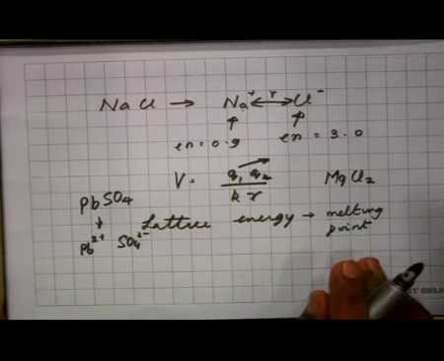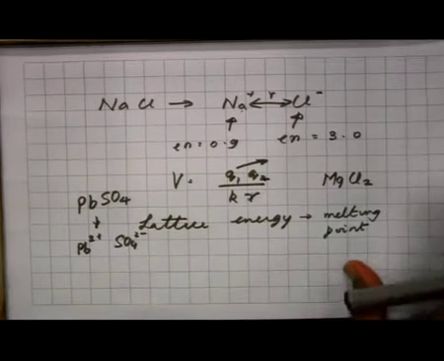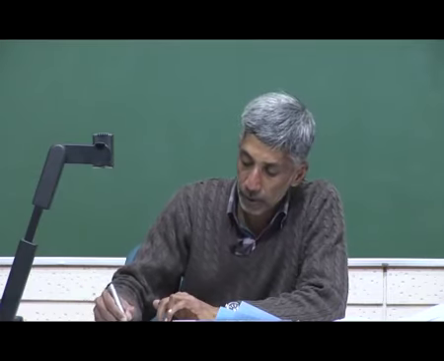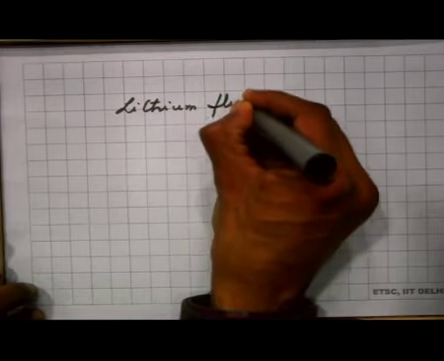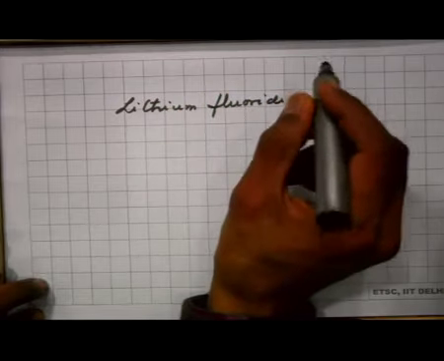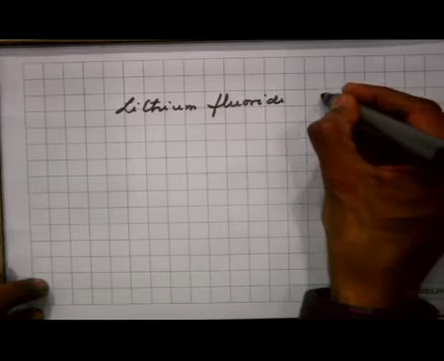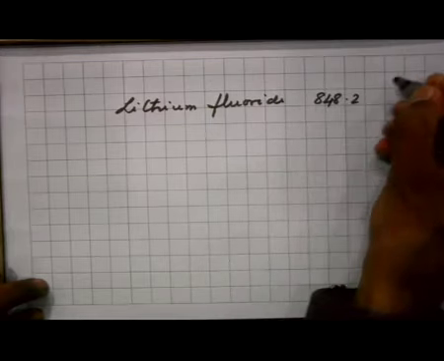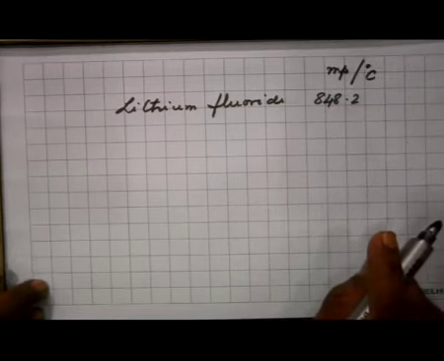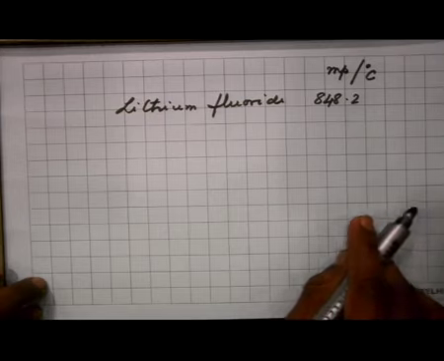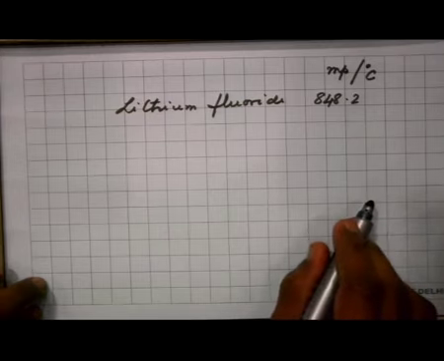What we are now saying is that if I took a series of compounds and looked at their melting point, does it show a trend? And here is an example. You look at lithium fluoride, it has a melting point of 848.2. This is the melting point represented in Celsius.